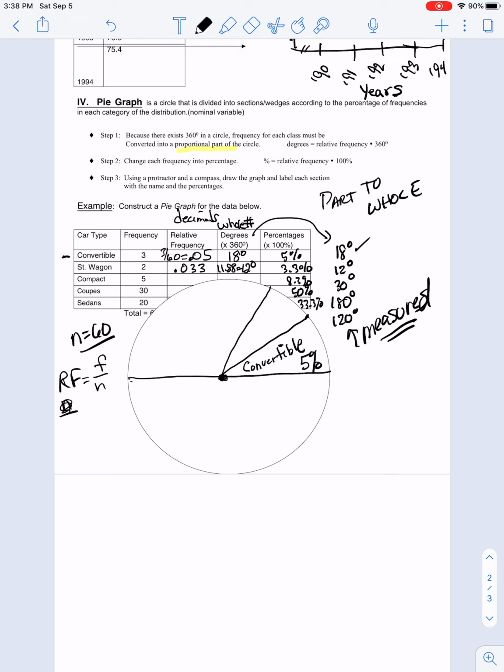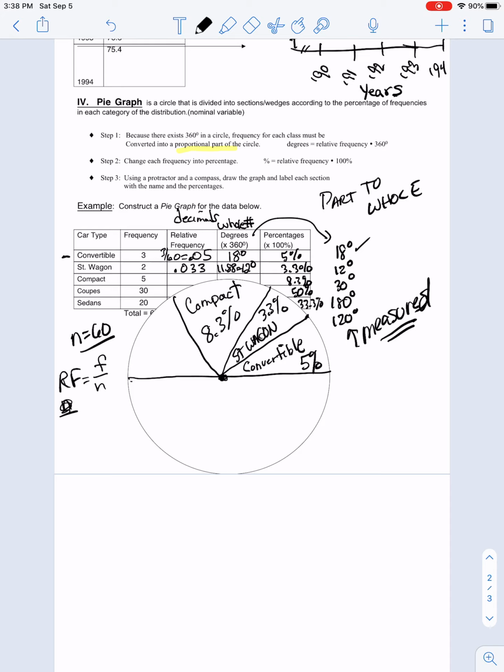Okay, next one, 12 degrees, so we would put that is a station wagon, and we have 3.3%. Okay, next one's about 30 degrees. That would be compact. It's kind of hard to do on the notes here. Compact, so we're at 8.3%. Next one up is 180 degrees.